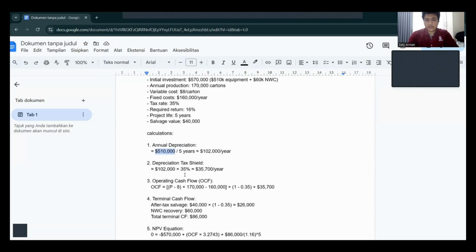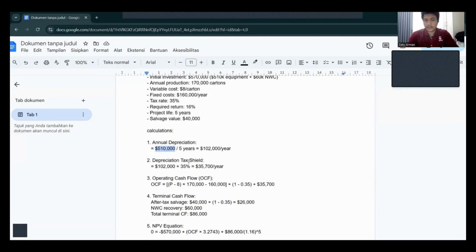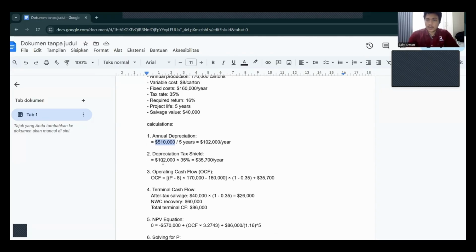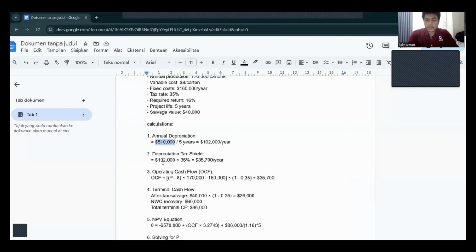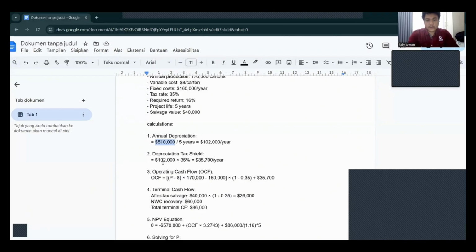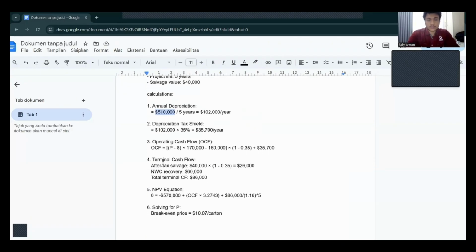And the second one, we have to find the depreciation tax shield, which is 102,000 times 35%, from the tax rate, and the answer will be 35,700 per year.